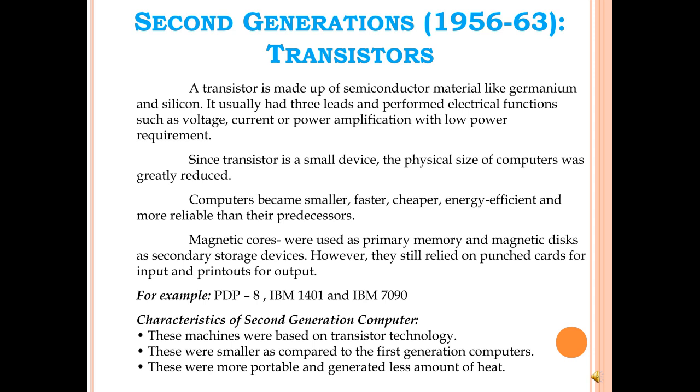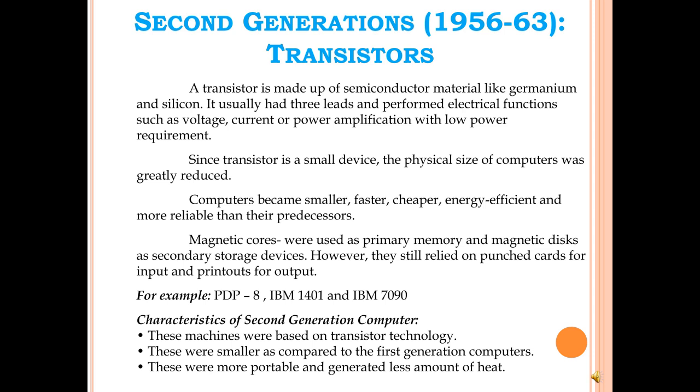Now, if we look at the characteristics of the second generation of computers, these machines were based on transistor technology. They were smaller compared to the first generation of computers, as I said earlier, and were more portable and generated less heat.